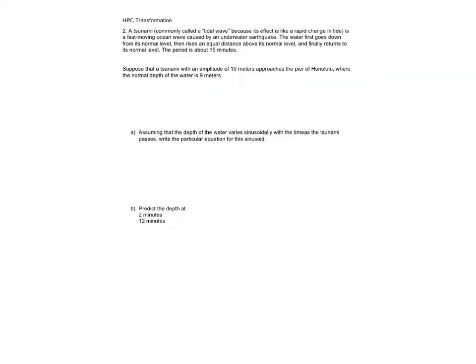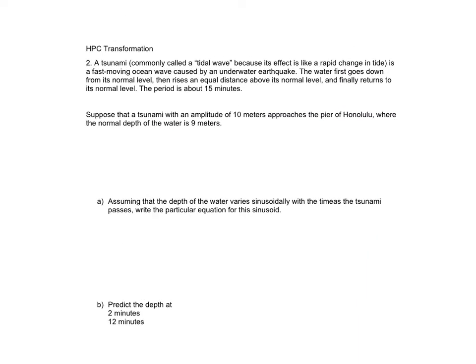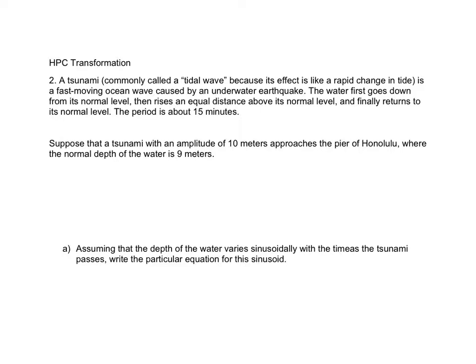Now let's move on to the second page. A tsunami, commonly called a tidal wave because its effect is like a rapid change in tide, is a fast-moving ocean wave caused by an underwater earthquake. The water first goes down from its normal level, then rises an equal distance above its normal level, and finally returns to its normal level.